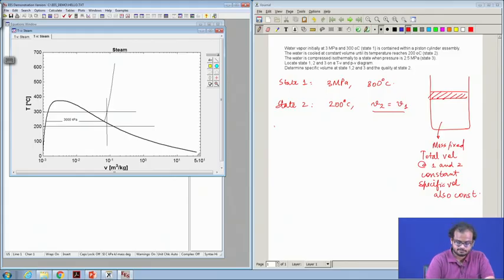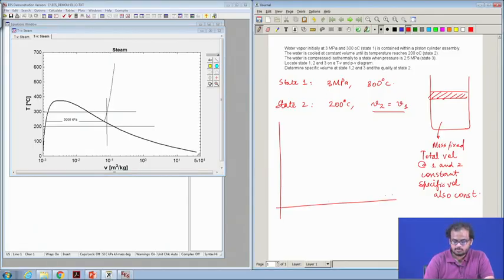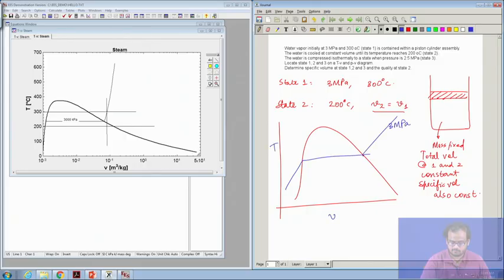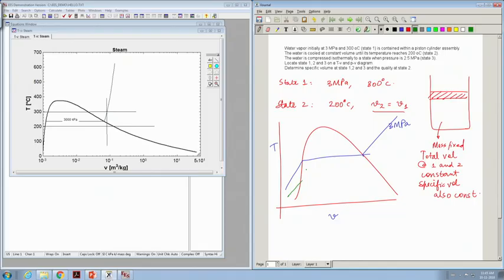If we draw it by hand, so this is the 3 megapascal line over here, let us draw it in blue. So, this is T and this is V. So, quite naturally the 2.5 megapascal will be at a lower point, because we have already seen that T sat and P sat are monotonous and linearly increasing.